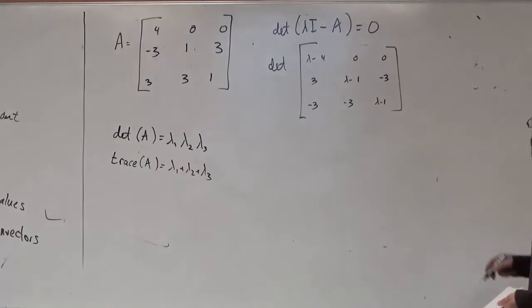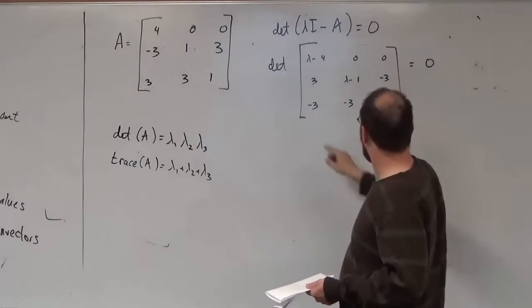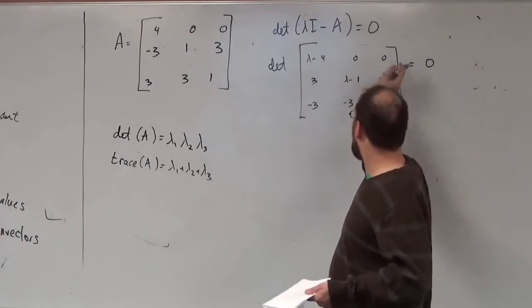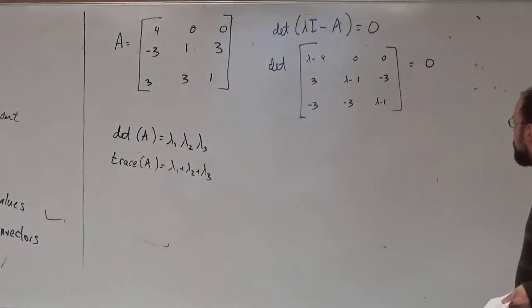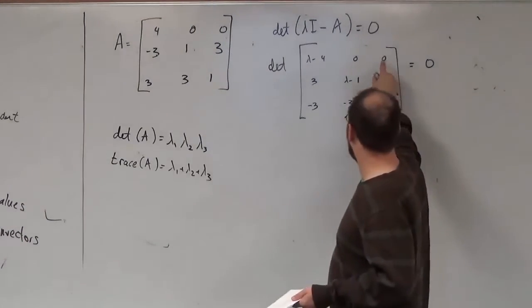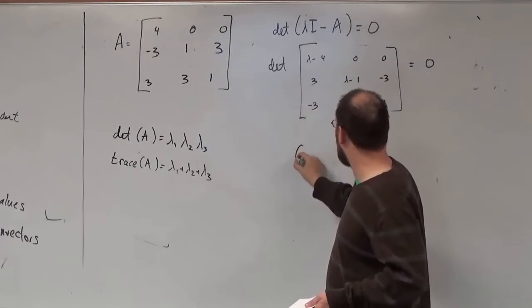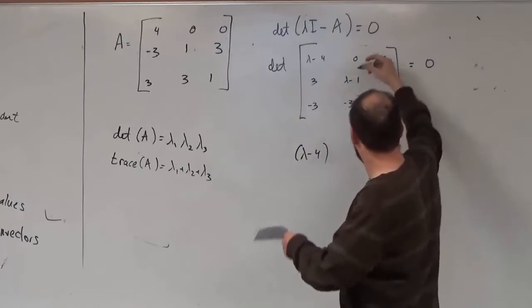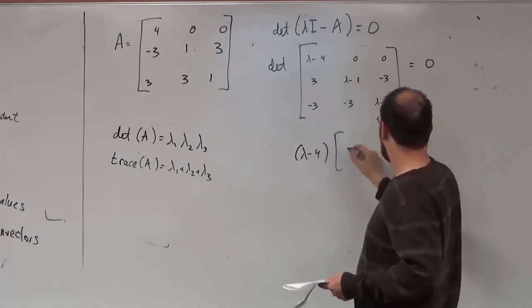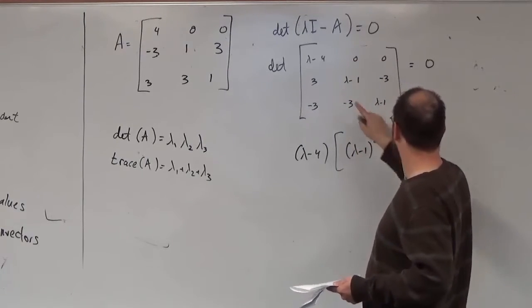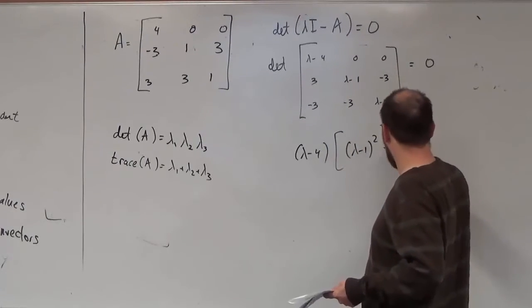We're going to do cofactor expansion along the first row, because there's a bunch of zeros, so I get lambda minus 4 times (lambda minus 1) times (lambda minus 1) minus 9.